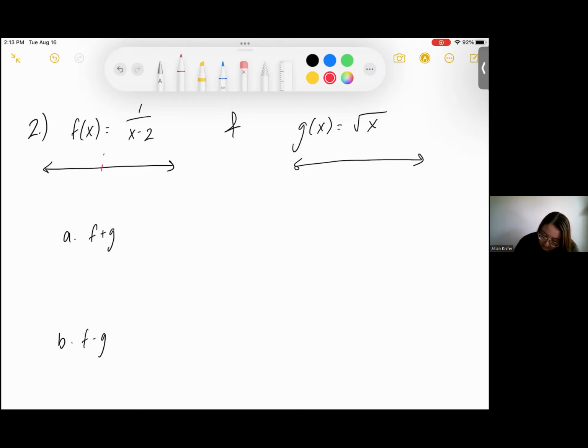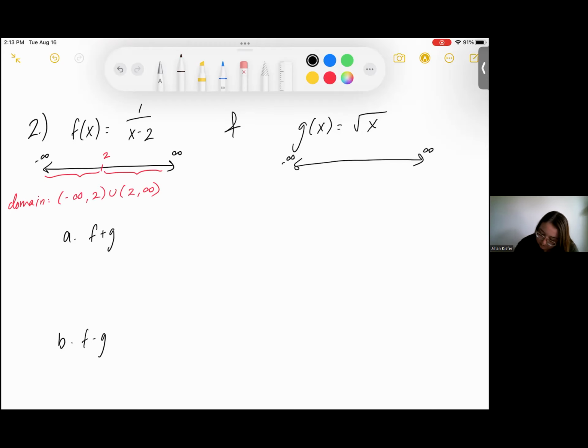So if 2 is right around here, our domain would include everything except 2. Our number line starts from -infinity and goes to infinity, so our domain would be -infinity to 2 and 2 to infinity. That's the domain of f of x.